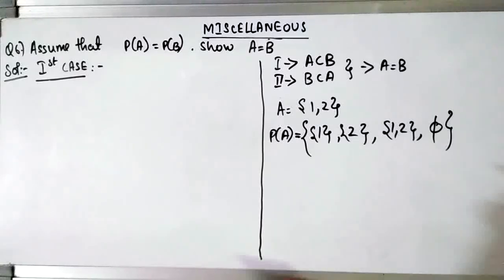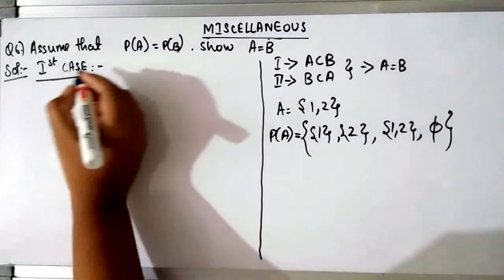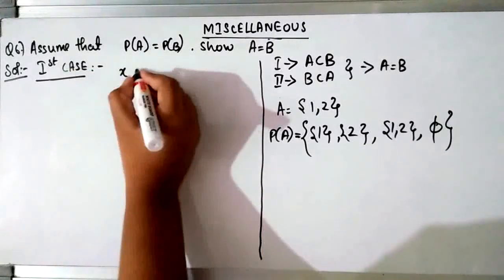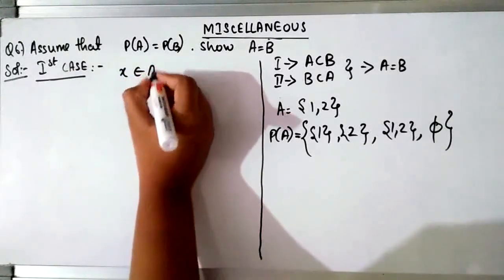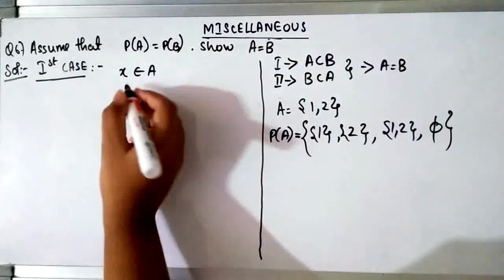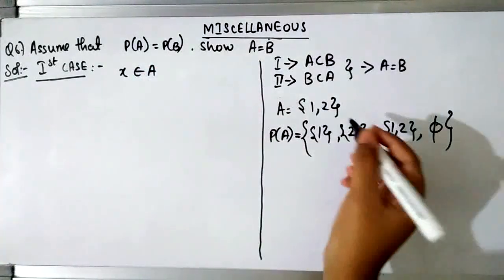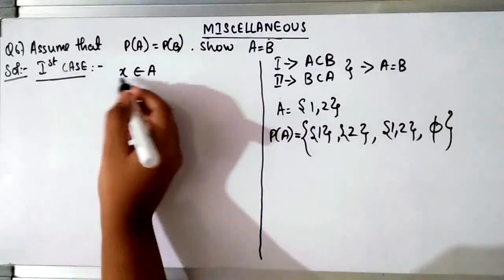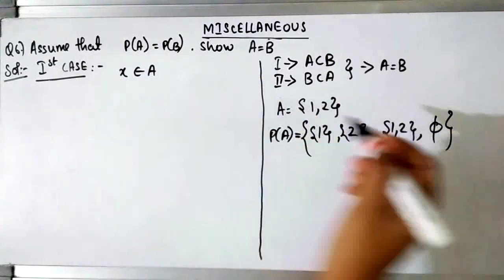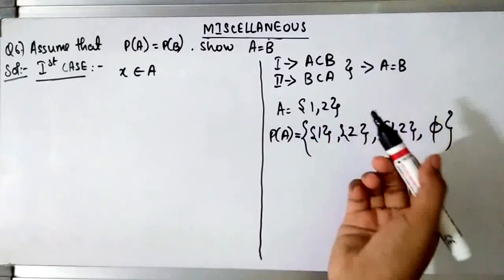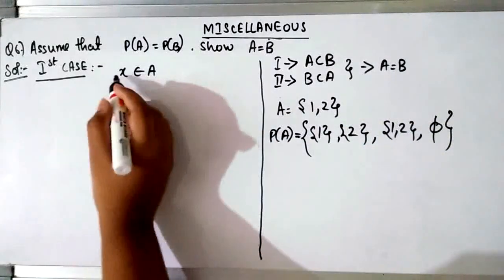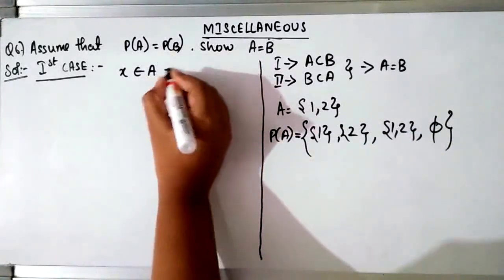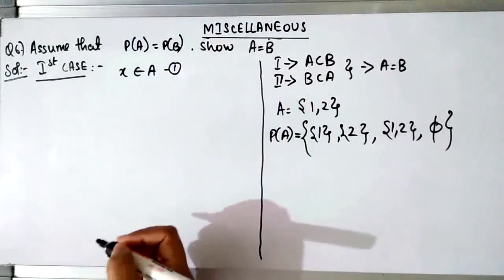So now we will write statements in the form of x. So first we will write that x belongs to A. Now let us suppose that x belongs to A. Now over here if you see A has two elements 1 and 2. Now x belongs to A, that is small x belongs to A. Now over here x can be either 1 or 2, you can assume anything. So generally we say x belongs to A, and then let us assume it to be our first equation.